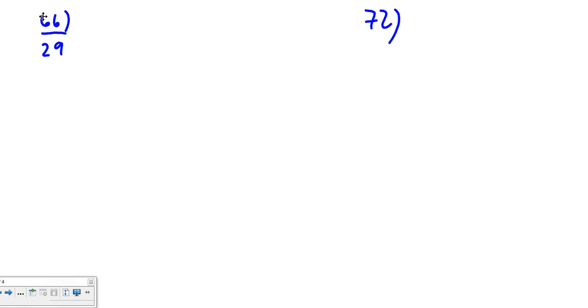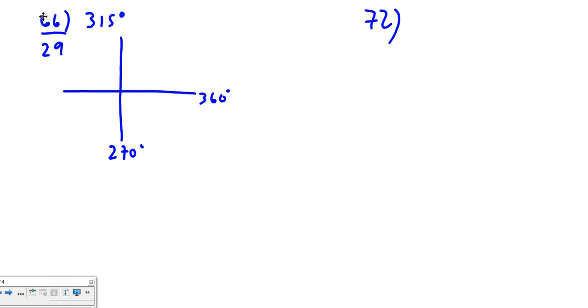I'm looking at 315 degrees. When I draw 315 degrees, I'm going to always put down the x and y axis, and I'm going to think, where does this make sense and where to draw it? Going here is 90, 180, 270, and 360. So it's going to be between the 270 and 360, and I'm going to draw that terminal angle. So this angle right here is going to end up being 315 degrees, positive direction.